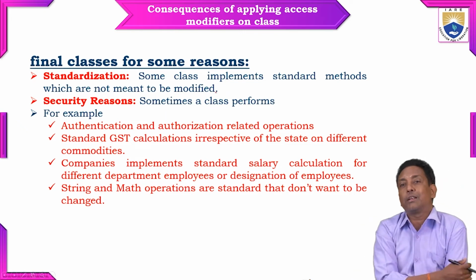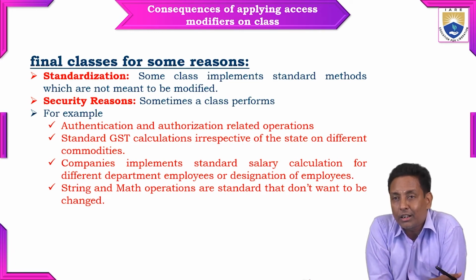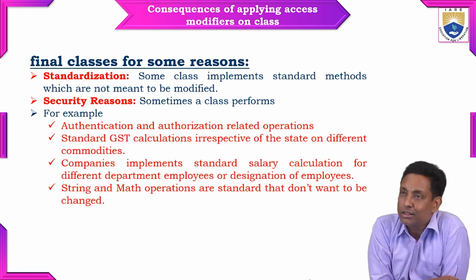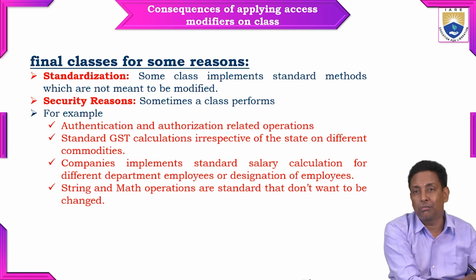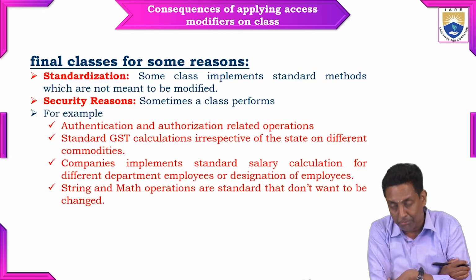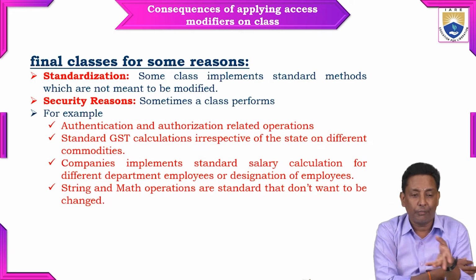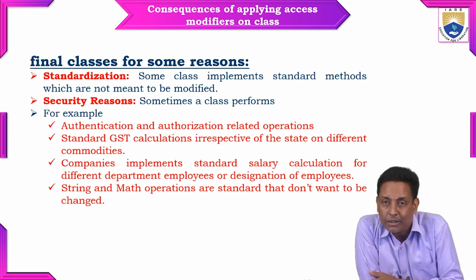Similarly, standard GST implementations. See, GST calculation. Previously, there was a tax variation from state to state before GST. Now, soon after GST was introduced, for the list of products belonging to one commodity, one GST tax calculation is applied. For example, for basic household ingredients, the GST may be 8%.